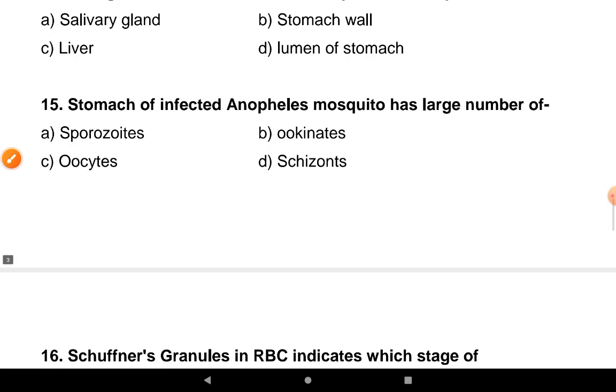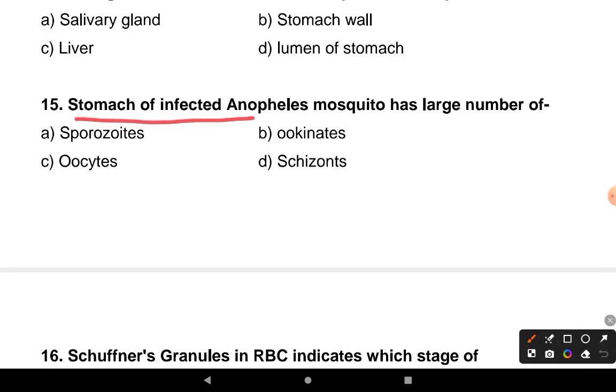Our next question is: stomach of infected Anopheles mosquito has a large number of sporozoites, ookinetes, oocysts, schizonts. Our correct answer is option C. Stomach of infected Anopheles mosquito has a large number of oocysts.